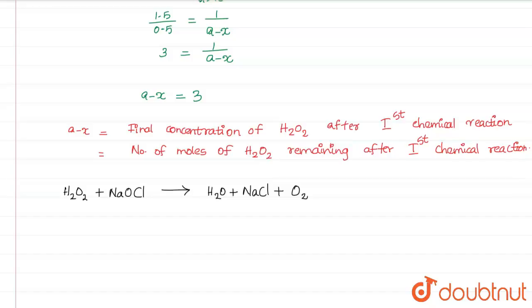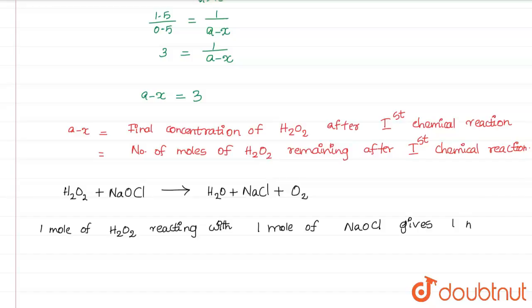Okay, that means 1 mole of H2O2 reacting with 1 mole of NaOCl gives 1 mole of H2O, 1 mole of NaCl and 1 mole of O2.